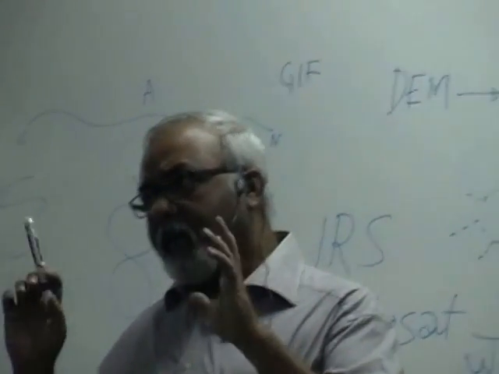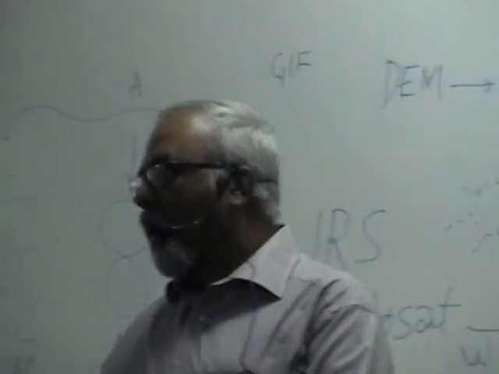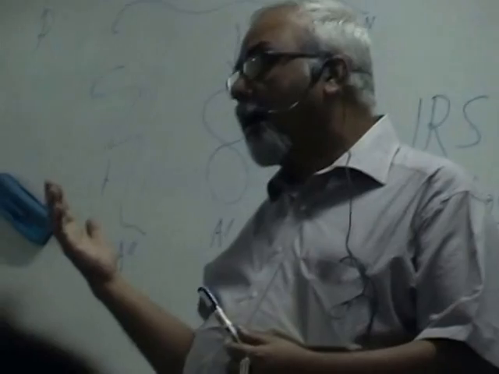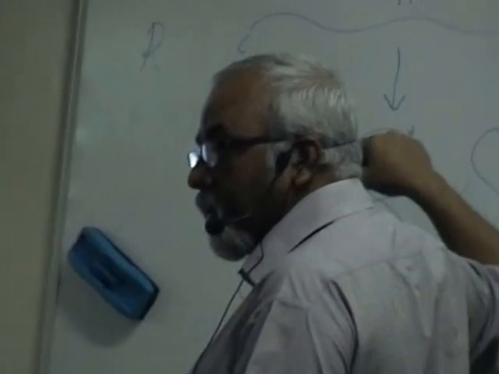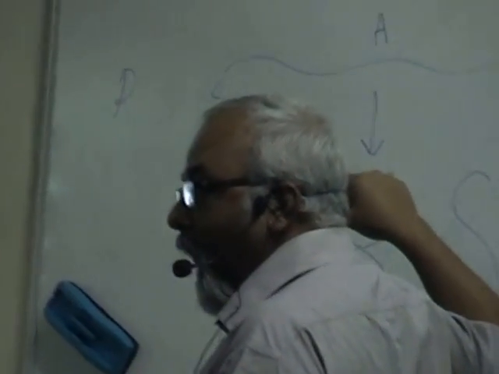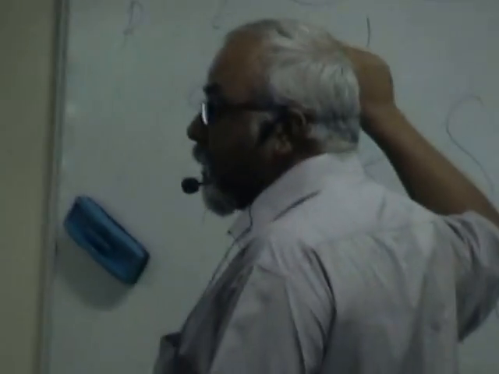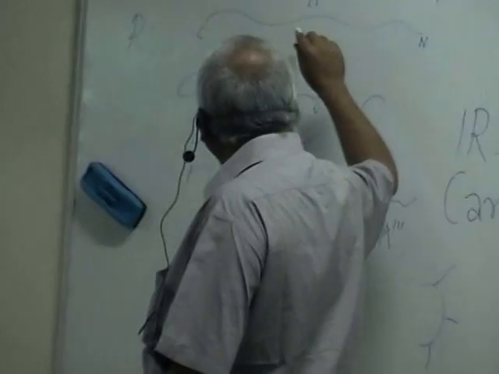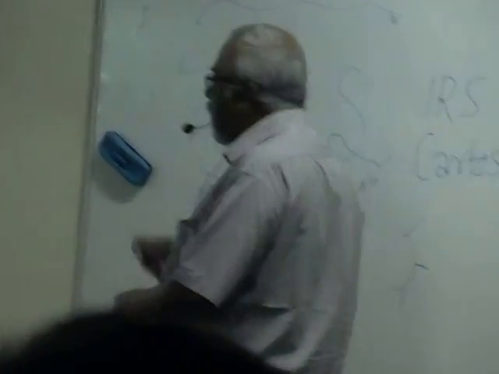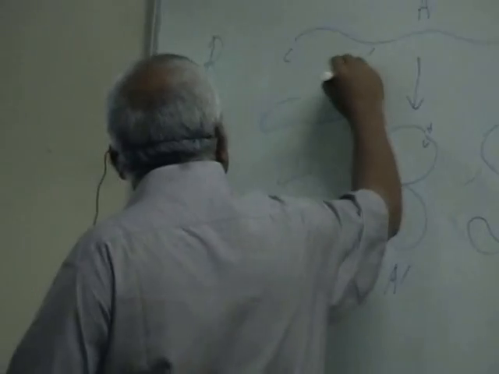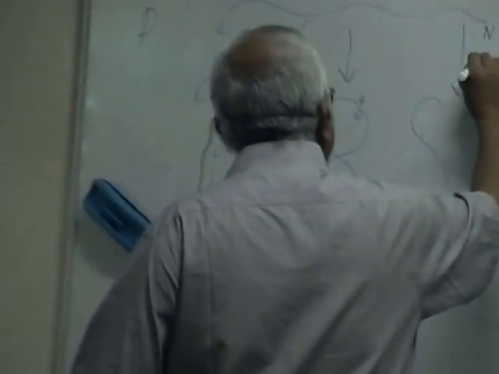So there is question number one. Who controls this to only form this? And who controls this not to form this? So this is forbidden, this is also forbidden.